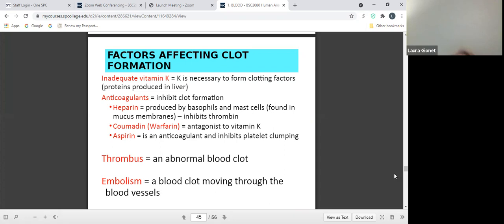A thrombus is an abnormal clot, and an embolism is essentially a thrombus that has broken free. An embolism is a clot moving through the blood vessels and has become mobile. It could be fat, it could be another substance, it could be an air bubble, just something that can essentially take up space in the blood vessel and block it.